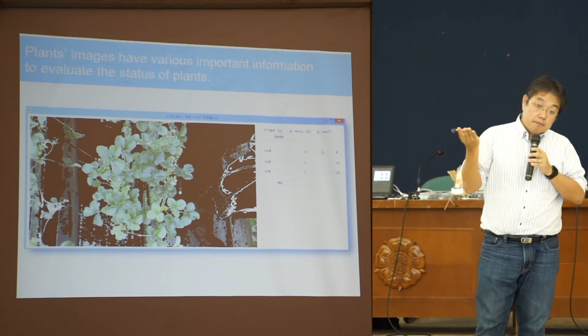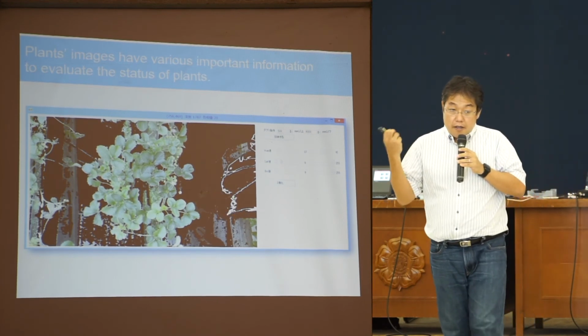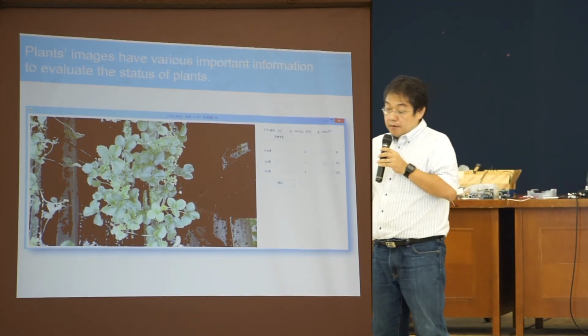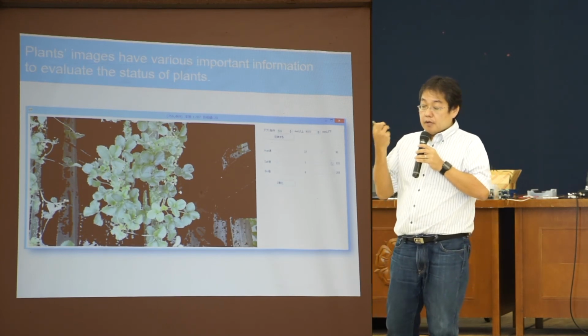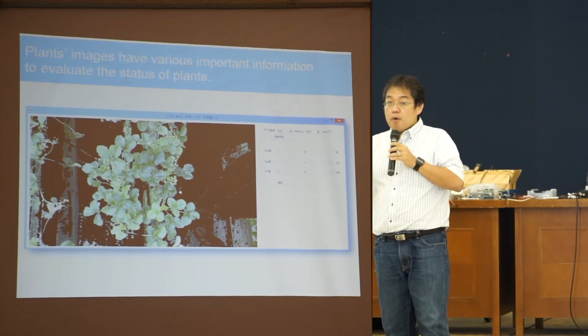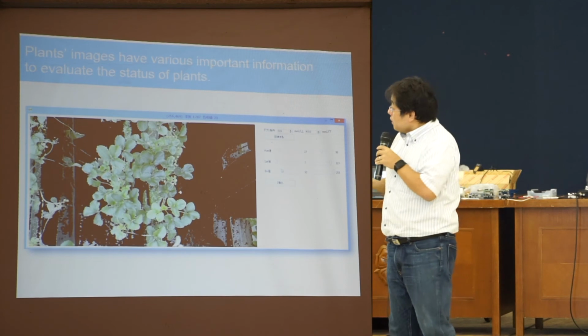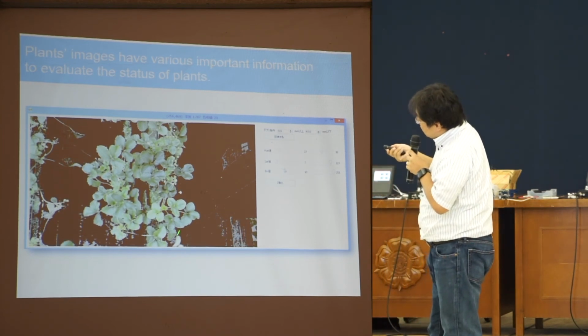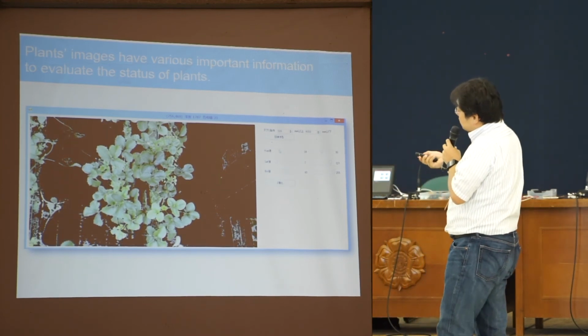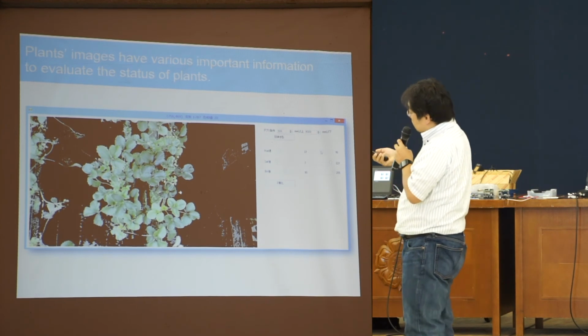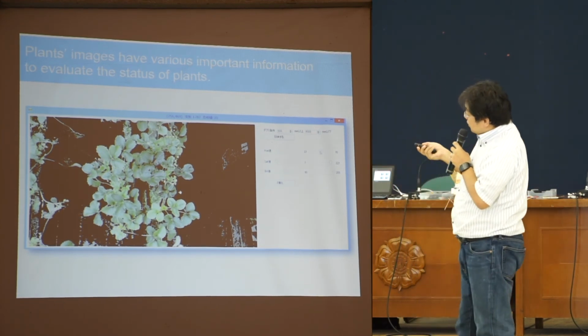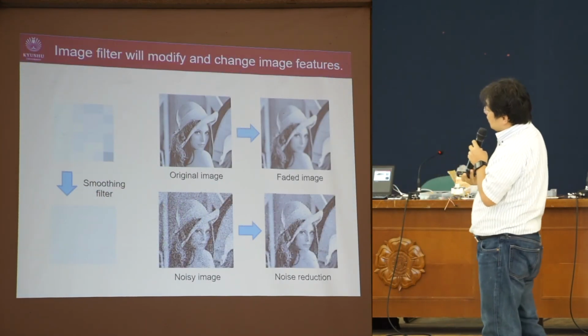Leaf area is very important to estimate, how can I say, the performance of photosynthesis. So we estimate leaf condition by using these images.